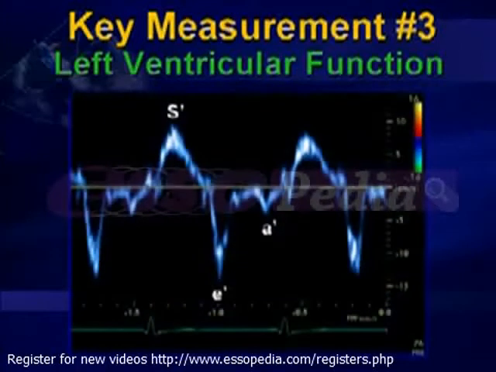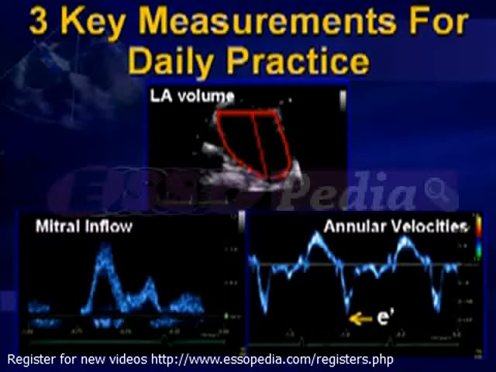In the evaluation of left ventricular filling pressure, we look primarily at the early diastolic mitral annular velocity, or E prime velocity, as this E prime velocity is a good indicator of myocardial relaxation, and LV myocardial relaxation is a very important component of diastolic function. So although there are other echocardiographic parameters that may be used to characterize diastology, it is these three which represent those which are commonly used in daily practice.